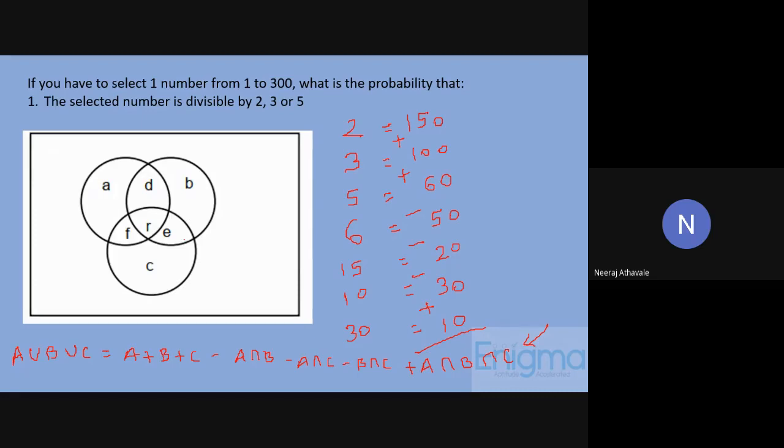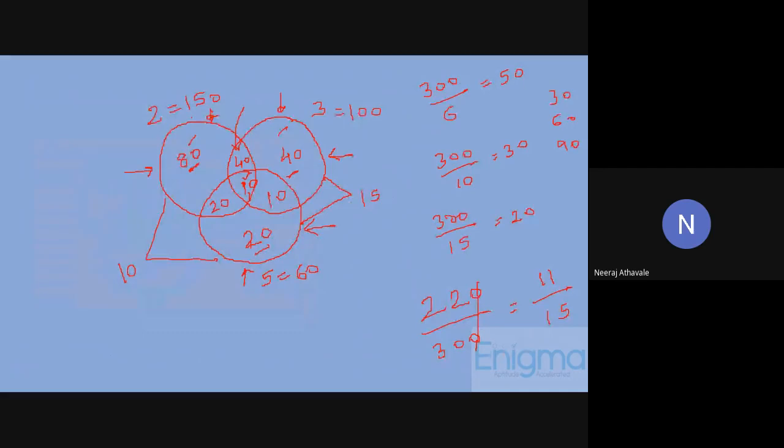Now in the same question, you can be asked one more question. How many numbers are not divisible by 5? Can you tell me how many numbers are not divisible by 5? 240 or 120?